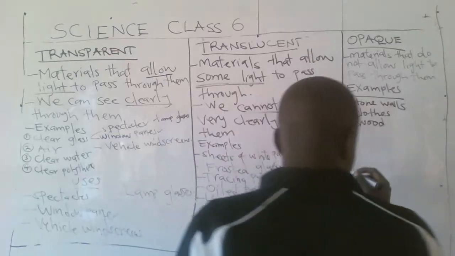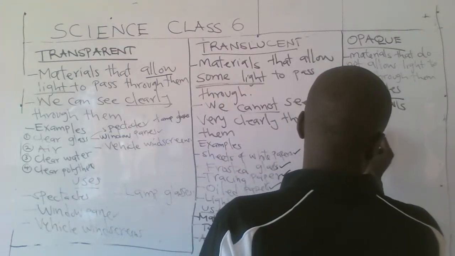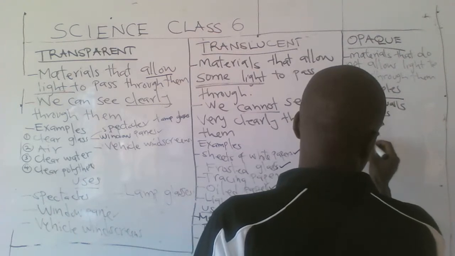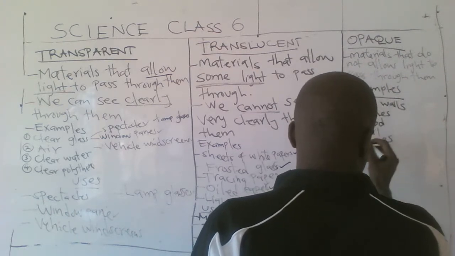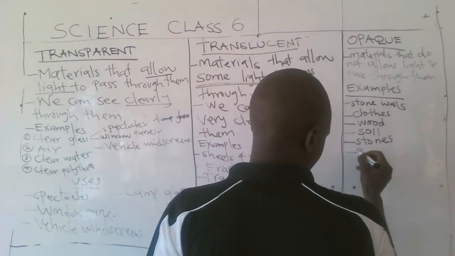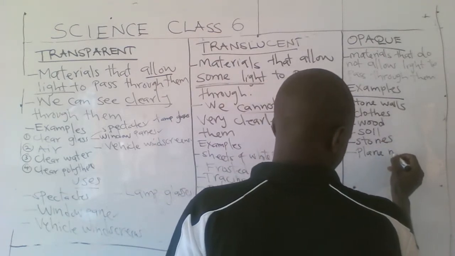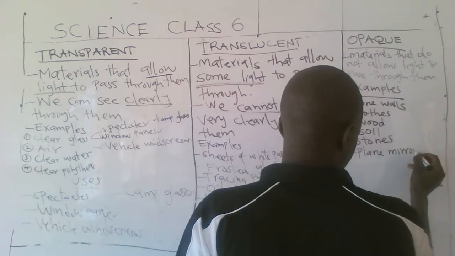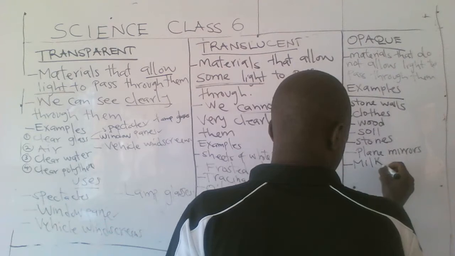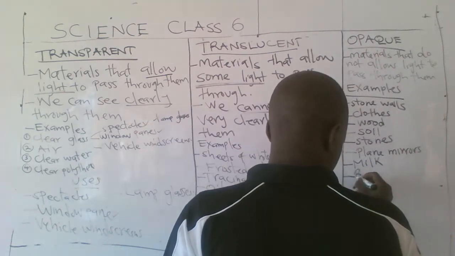Another example we have soil, we have stones, plain mirrors, milk, brown paper.